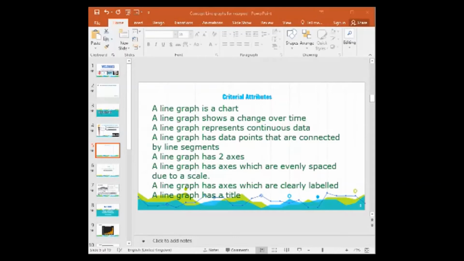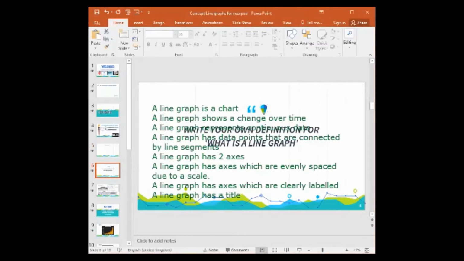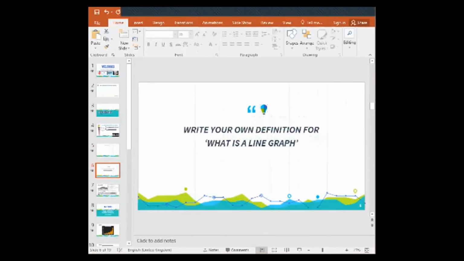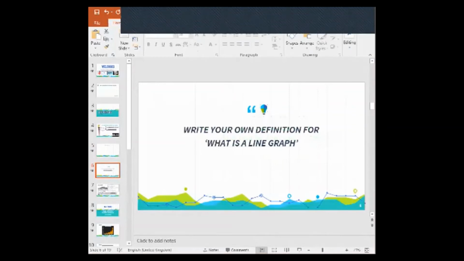Okay, so using these criterial attributes, now you all could go ahead and create your own definition. Write your own definition for what is a line graph.